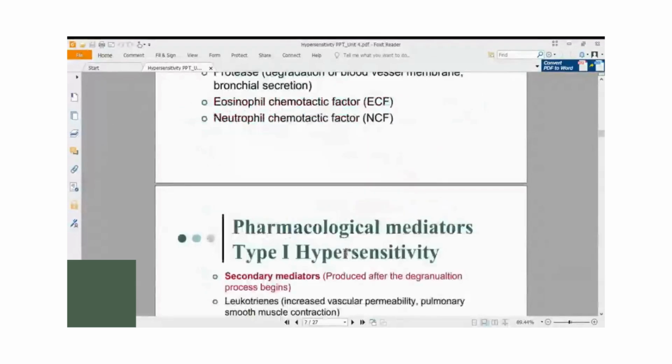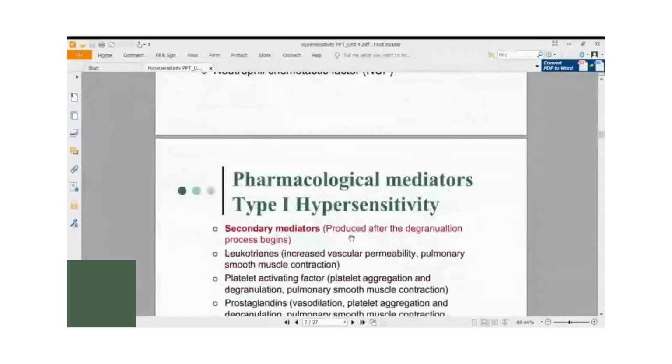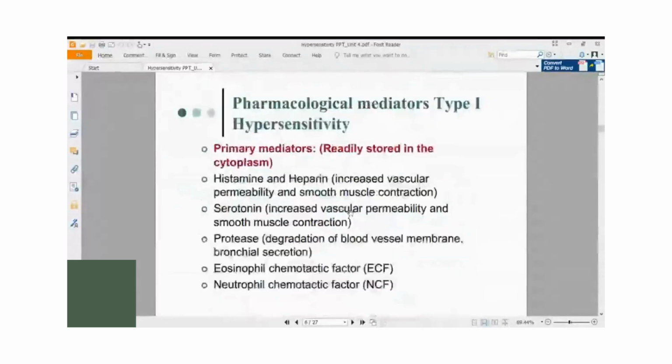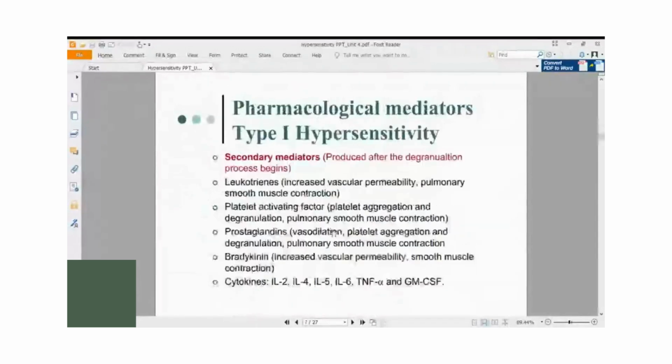Those are all the primary mediators. Primary mediators are already there in the mast cells, and are released as soon as the mast cell is activated by the cross-linking of antigen on the IgE antibody.